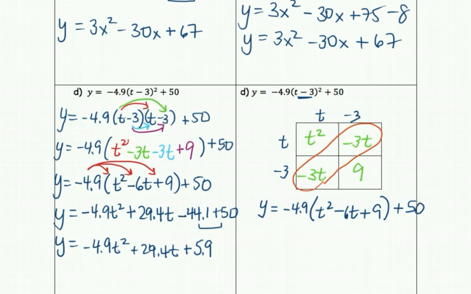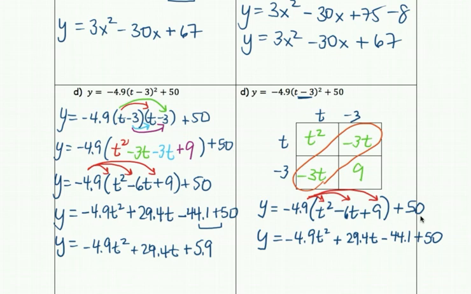From here, let's multiply that 4.9 in and distribute it through all parts inside the bracket. Remember the brackets drop in the next step, so this distributive step gets rid of the brackets. Then we get to there.